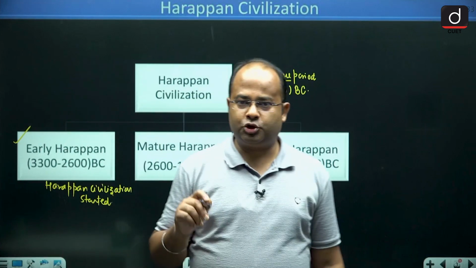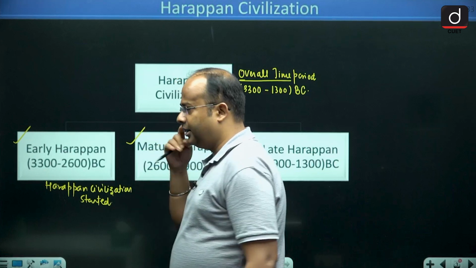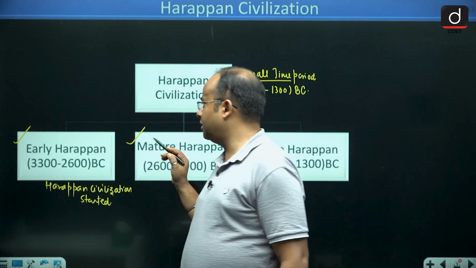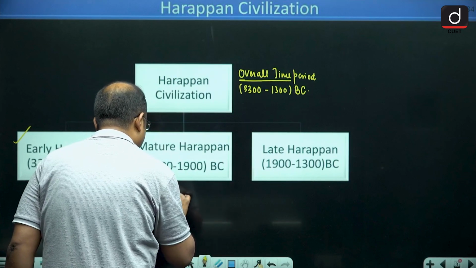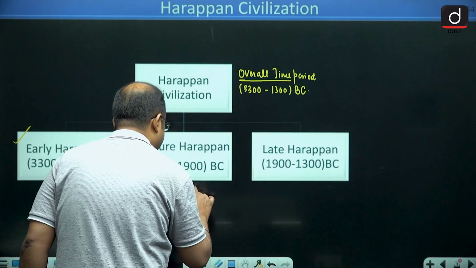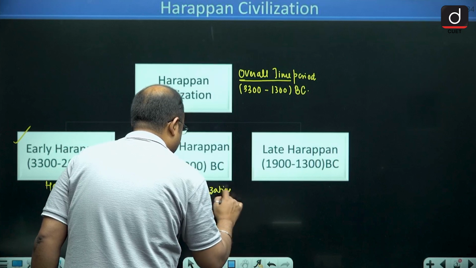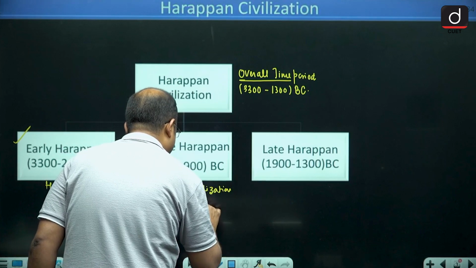Next is the mature phase. The mature phase is from 2600 to 1900 BC, and this is the time period when the civilization reached maturity, its peak.